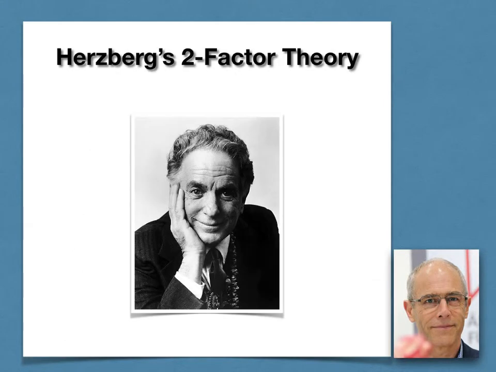In this, our 9th video on motivation, I will explain Frederick Herzberg's two-factor theory. Frederick Herzberg was an American psychologist who was very interested in people's motivation and job satisfaction, and he published his two-factor theory in 1959. He conducted his research by interviewing over 200 professionals about their good and bad experiences at work.